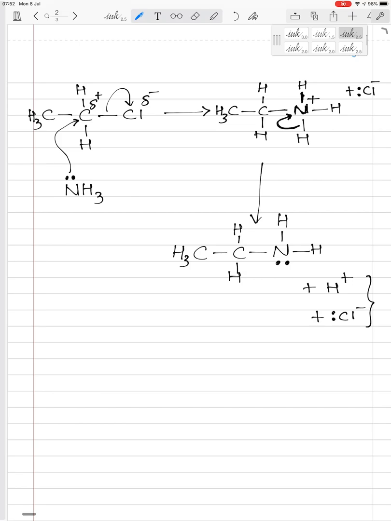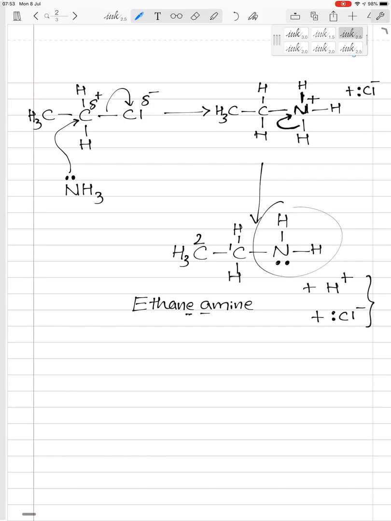So here you got NH2, that means you got the amine compound, and how many carbons? 1, 2. The compound belongs to the amine family, and here it's ethane amine.